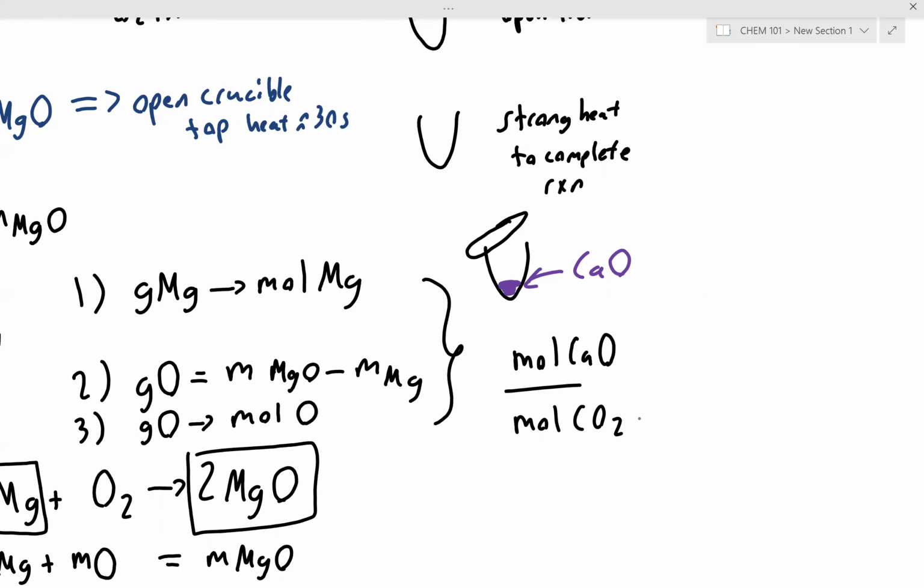Does that make sense? So for example, if we had 1 mole of calcium oxide per 1 mole of CO2, that would tell us we have 1 calcium, 1 carbon, and 3 oxygens. So this is a little bit different than your traditional empirical formula calculation. Does that make sense to everyone?